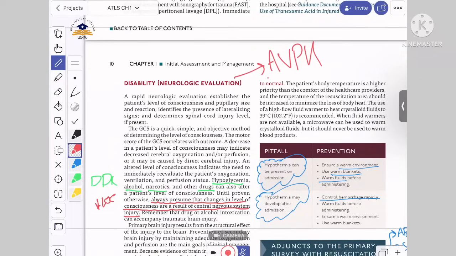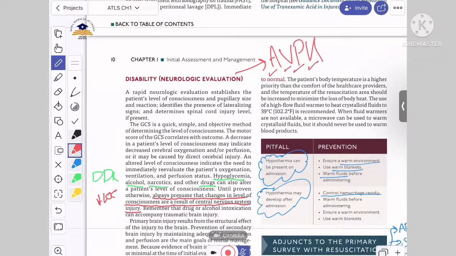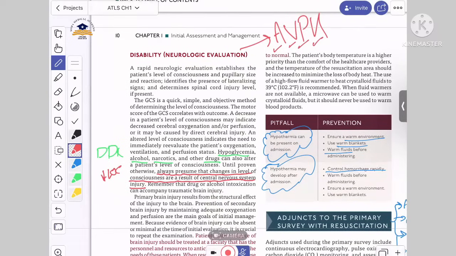Is the patient alert? Does the patient respond to voice? Does the patient respond only to pain, or is the patient totally unresponsive? This is only what I need from you. And please note the following just for you.